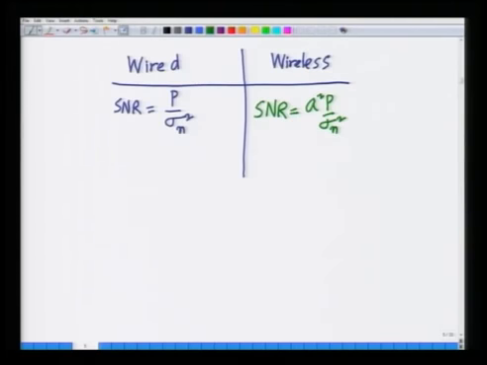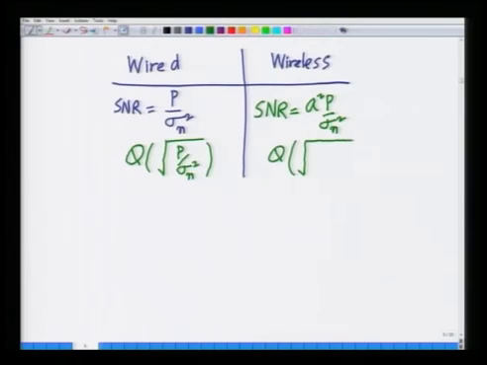Everything is the same between wired and wireless in terms of the system model, except the SNR in the wired channel is now multiplied by a gain factor, which is a square. So, the bit error rate here we said is Q times square root of P over sigma n squared, which means the bit error rate here will be Q times square root of a squared P over sigma n squared. The difference from a wired to a wireless channel is essentially that the SNR P over sigma n squared is scaled by a square.